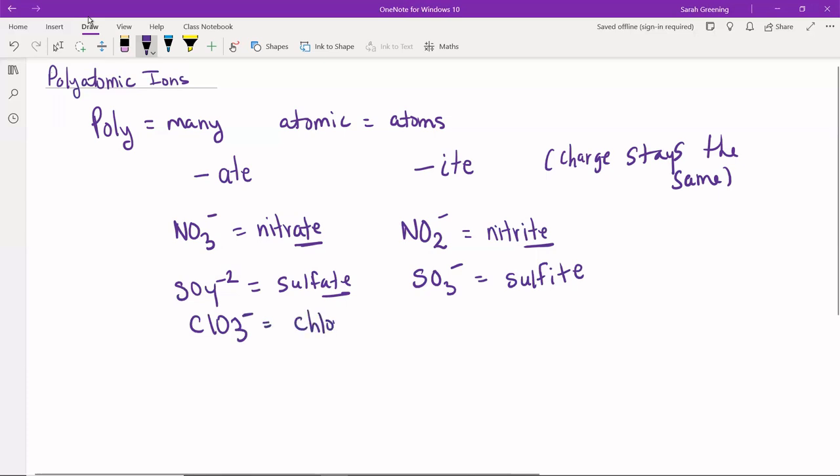And then there is ClO2 minus, so 1 less oxygen, and this is known as chlorite. There's usually only one positive polyatomic ion that you will see, and this is NH4 positive, and this is known as ammonium.